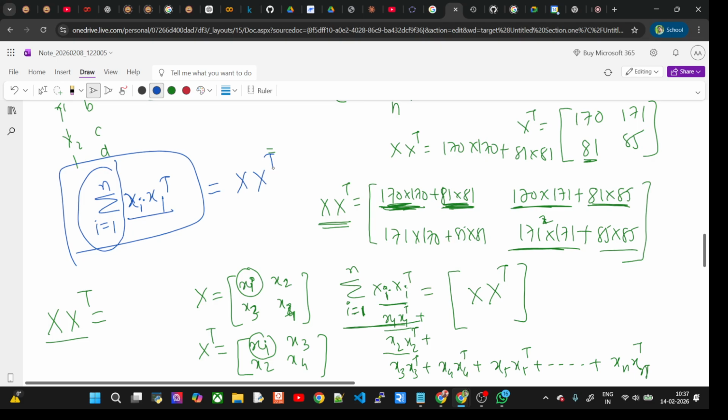It eases showing all the next calculations. Instead of saying it's the summation of i equal to 1 to n of xi into xi transpose, I am just writing capital X into X transpose. So this is the reason I am using X into X transpose. It is not mandatory, but it is very easy for writing.